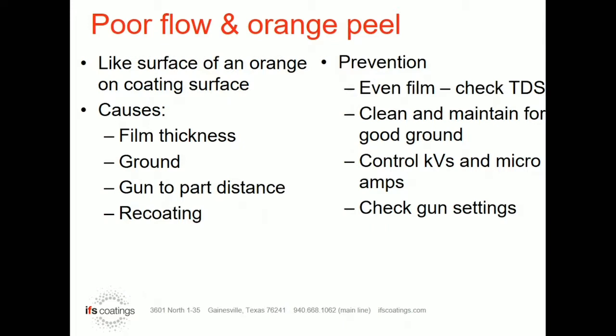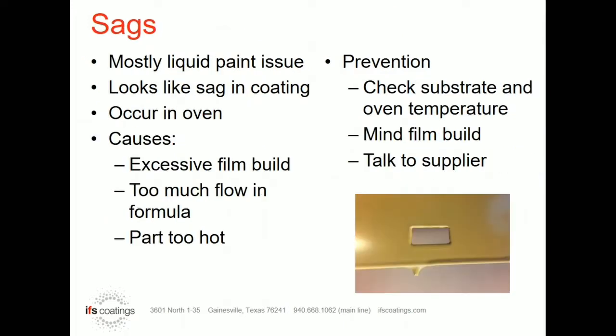So let's talk about sags a little bit too. Sags is usually more of an issue with liquid paints. With that said, there are times we do see sags in powder coatings as well.